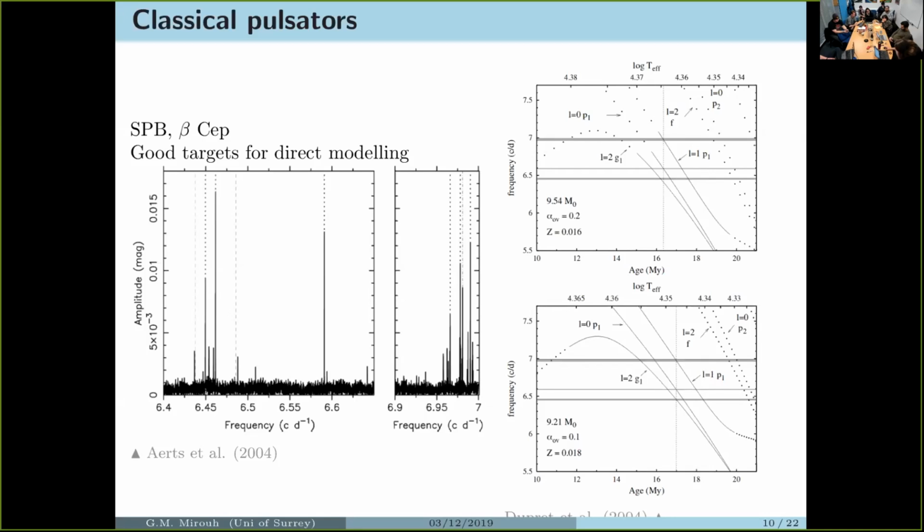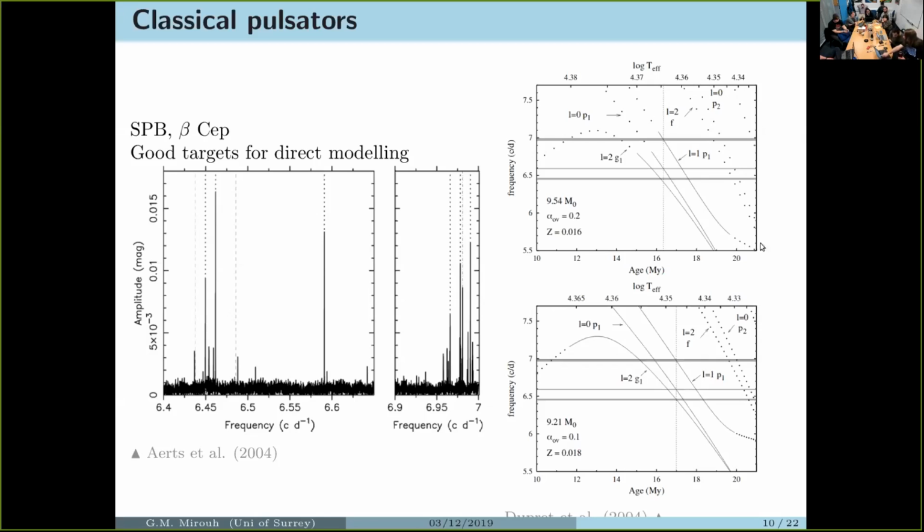The reference got munched by the thing. Here, the horizontal lines are the observed frequencies. The dotted or full lines that are wiggly are the modes you compute, varying the age of the star. When it's a dotted line, it means the mode is not excited. A solid line means it's excited.